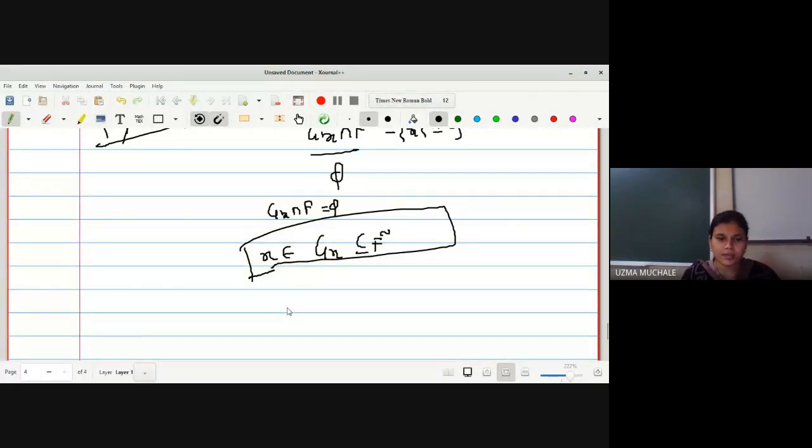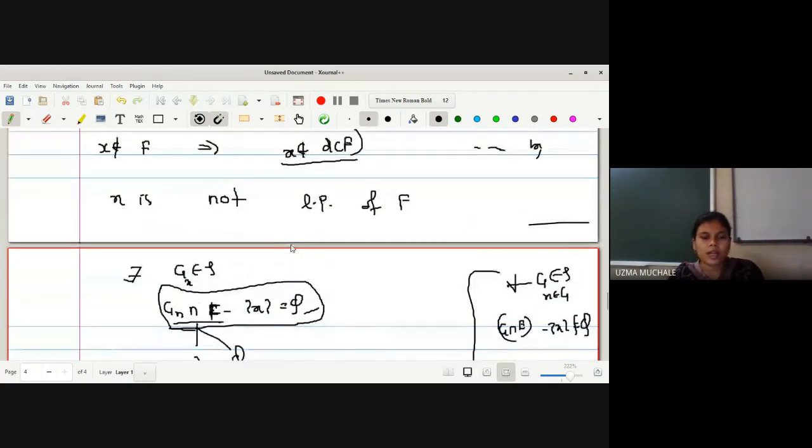That is, if F is a closed set which does not contain the point X, then we can have an open set which contains the point X and which is contained in the complement of F. What we have to do for this one?